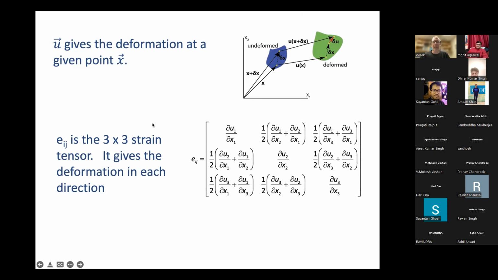We can define the 3-dimensional variations in the deformation through the strain tensor. So it's given by E sub ij, and it's a bunch of derivatives of the deformation vector with respect to the position vector.